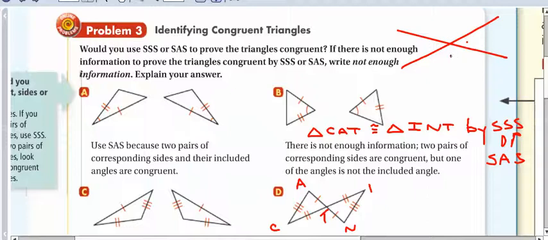By rule, I don't have to put a congruence mark there. In that case, they don't have to be marked because they're vertical angles. So do you ever see vertical angles? Well, if you know that the two sides are congruent as well, yes. Any questions?